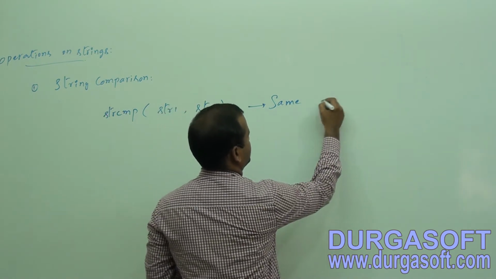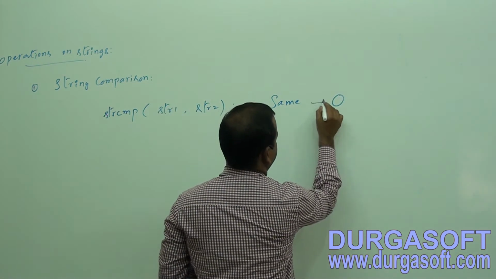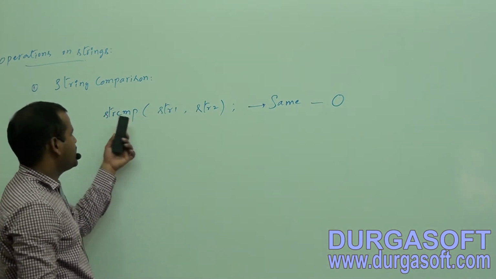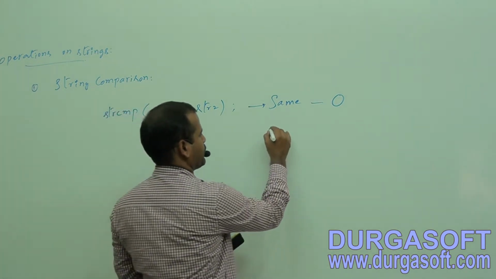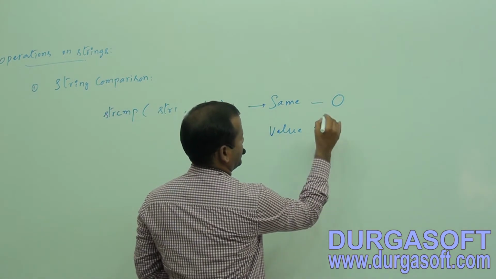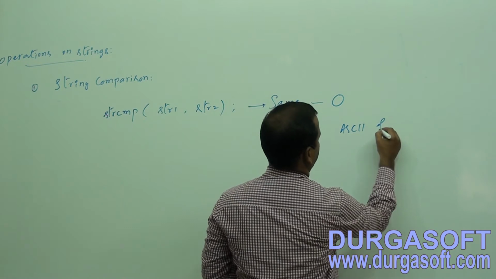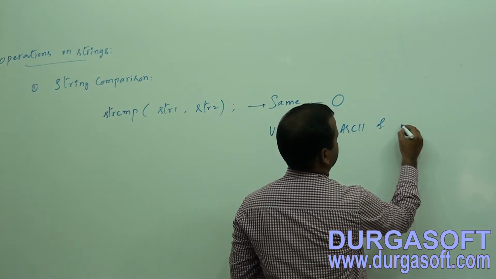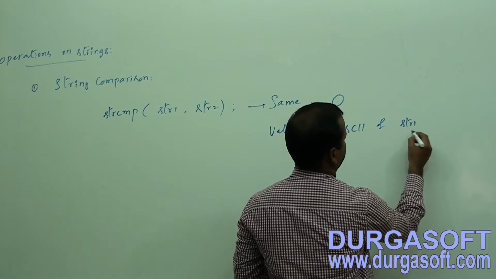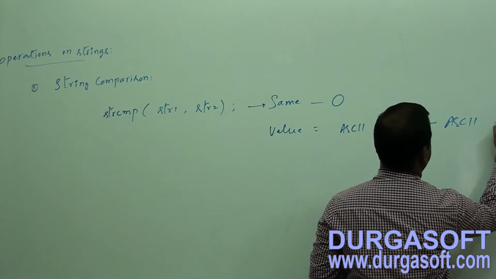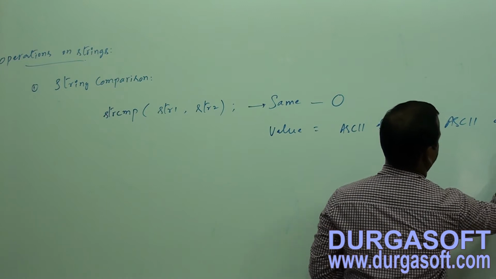this function results in a 0 value. If both strings are different, this function returns a value equal to the ASCII value of string 1 minus the ASCII value of string 2.